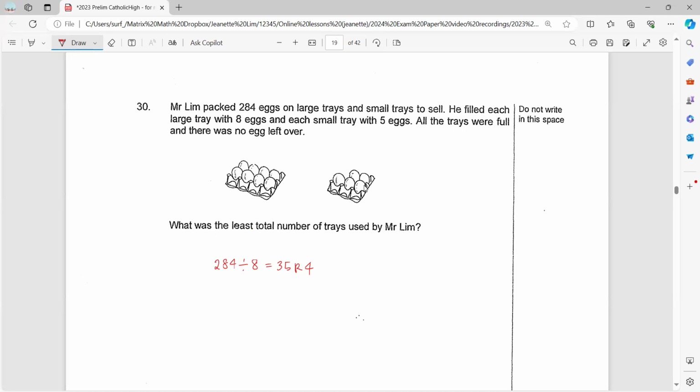Okay, so what is the number in the remainder that we need? It has to be a multiple of 5. So 35 large means that we have a remainder of 4 remaining.